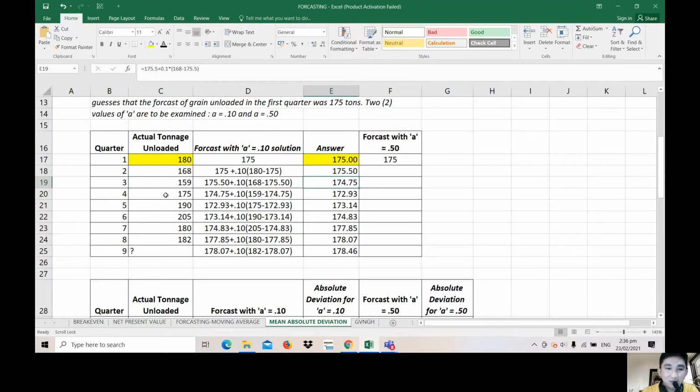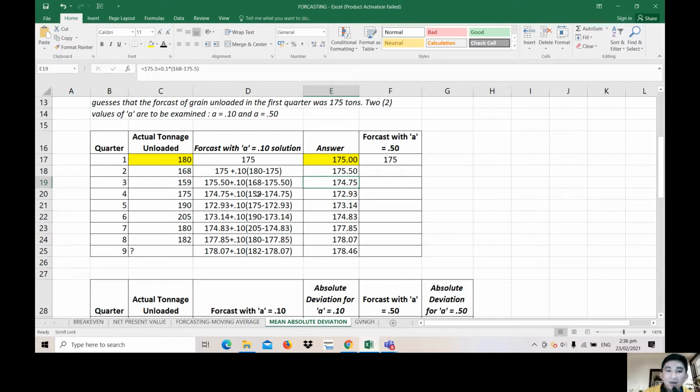Now, on the fourth quarter, the process is actually the same. But so that you can follow, class, we will finish the process. In getting the forecast on quarter 4, we again base it on the previous forecast, 174.75 times 0.10, and then 159 less 174.75.